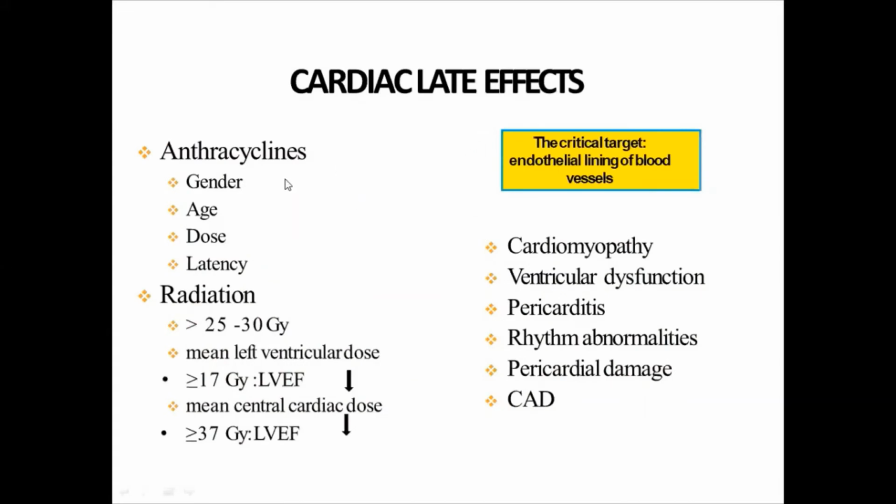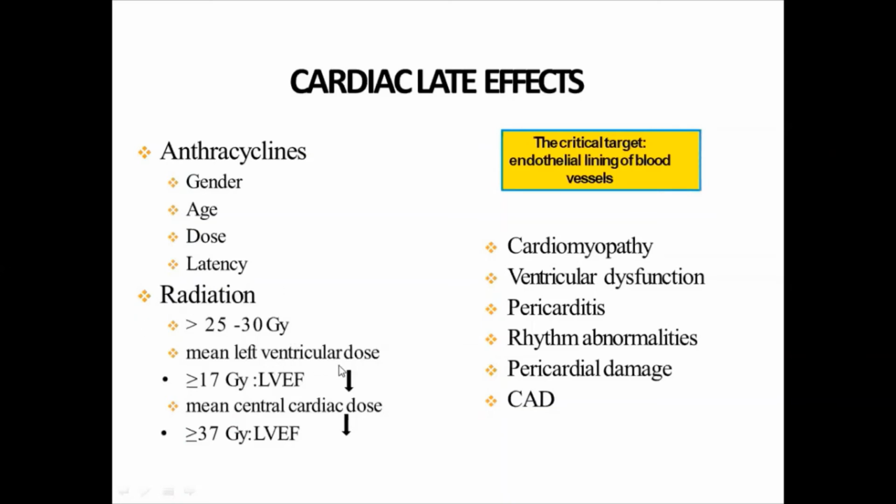So now talking about the cardiac late effects. There are certain factors responsible for cardiac toxicity, such as anthracyclines, and that further depends on gender, age, the dose that was given, the latency, and the radiation dose, that is more than 25 to 30 gray.